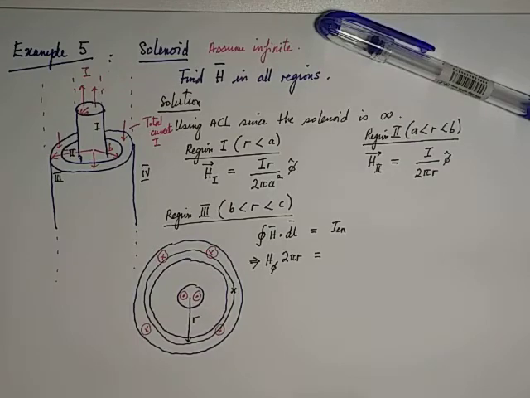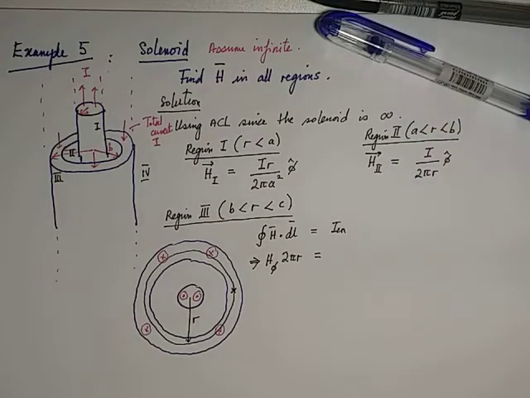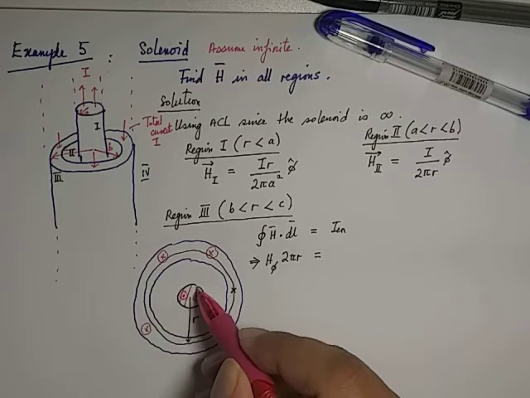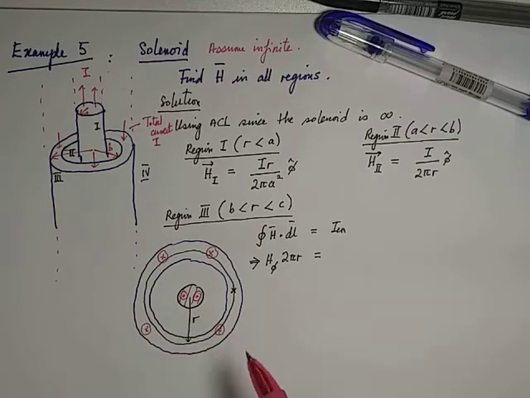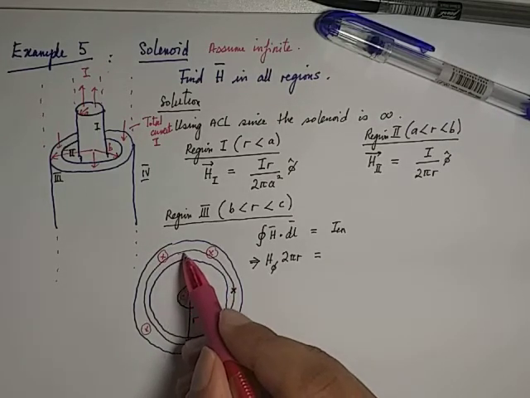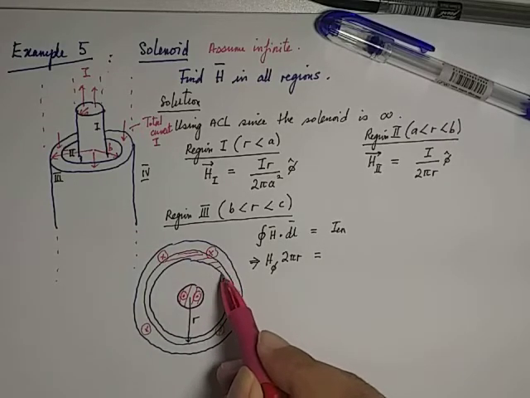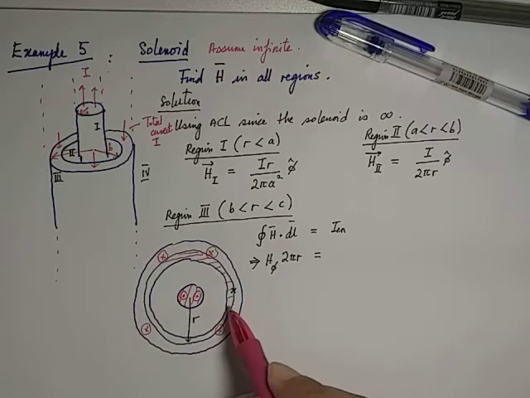Now the I enclosed is going to be whatever current resides in the loop. From this diagram, we can see there are two types of current. One current is located in this region, correct? This is current inside the loop. Another current is the one located in the outer conductor, but only part of it.